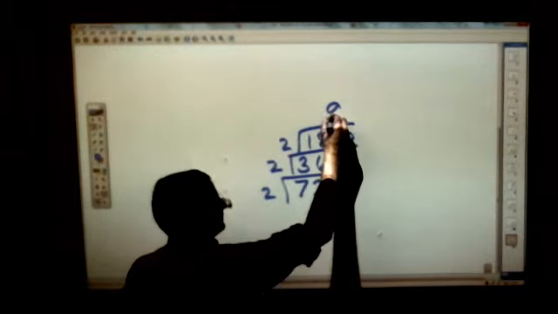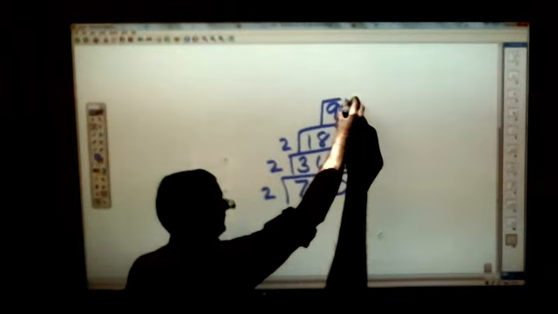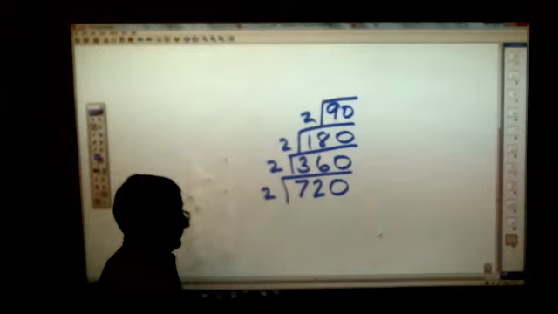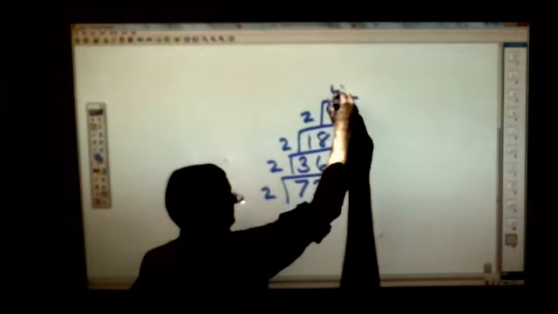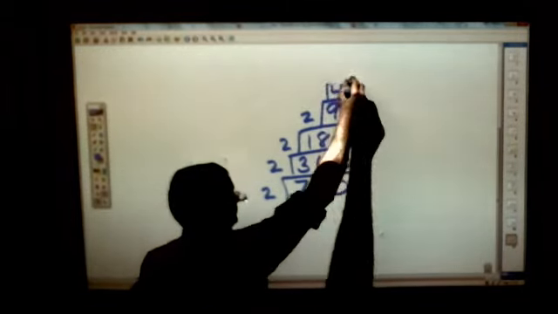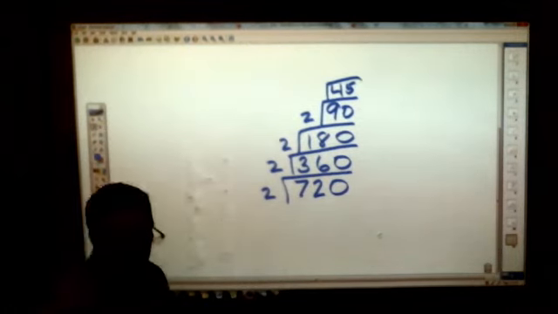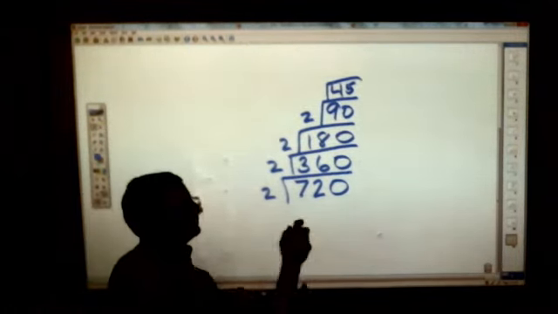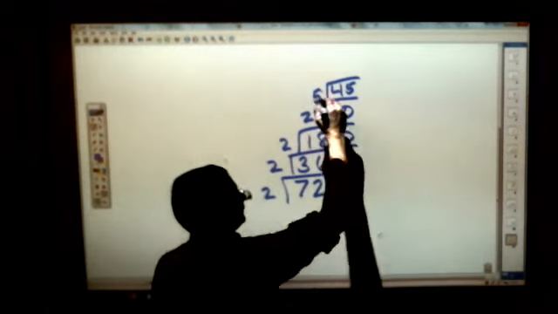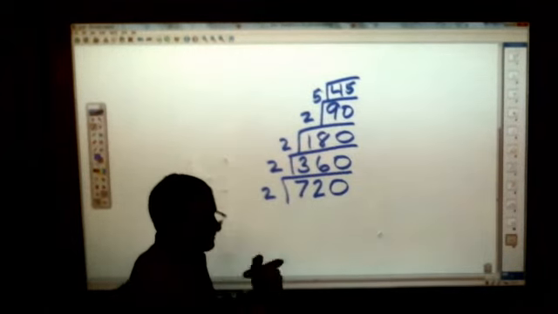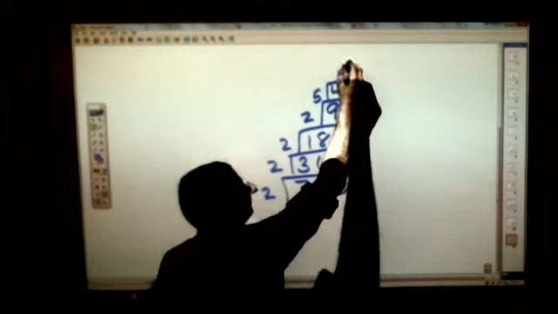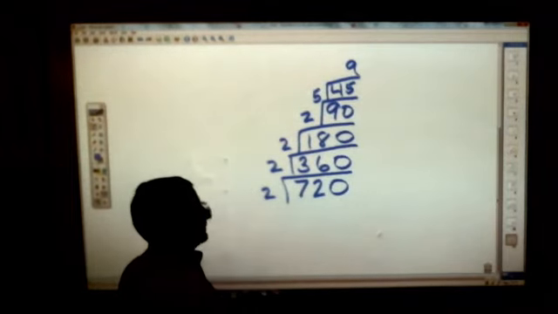As long as it's even, I can keep cutting it in half. Half of 90 is 45. I can't cut 45 in half, and it's not prime though, because I can divide it by 5. That gives me 9. 9's not a prime number, so can I stop with 9?